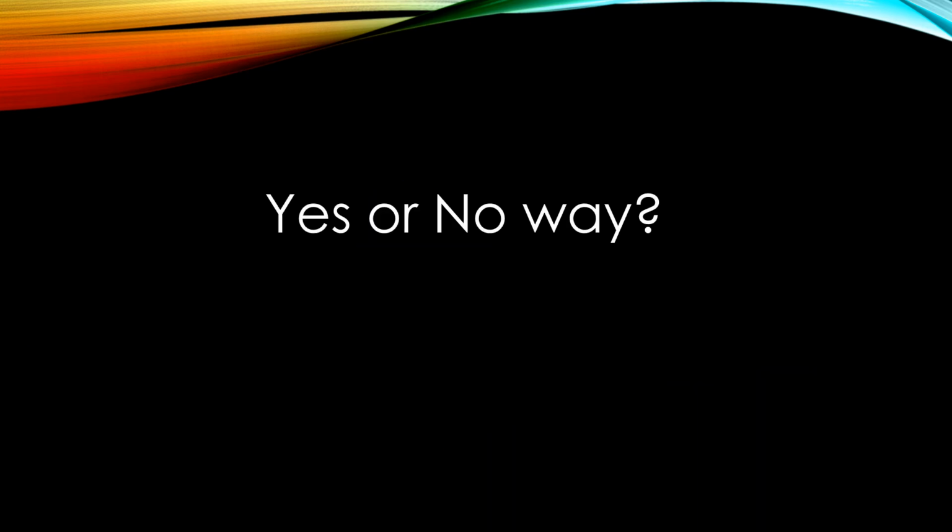Now, yes or no way. It means that I will give you some sentences and you decide if the sentence is correct or no way, which needs change. Let's see. The boy is eating. Is the sentence correct?